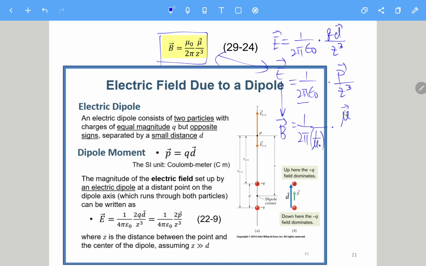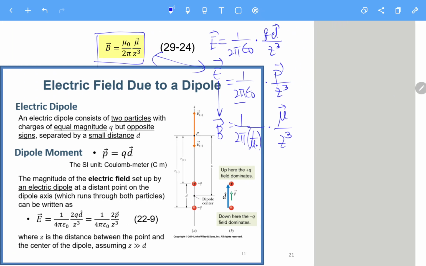The C cube doesn't need to change. Just do this conversion, and you will see this mu naught go to the bottom. It becomes mu naught over 2 pi, and then mu over C cube. You can get this one without calculating, but of course we need to do it rigorously.